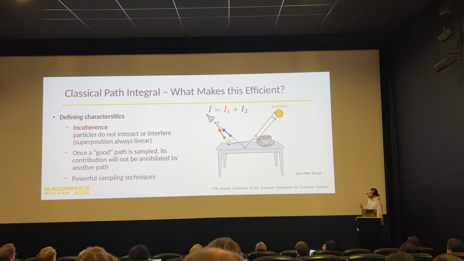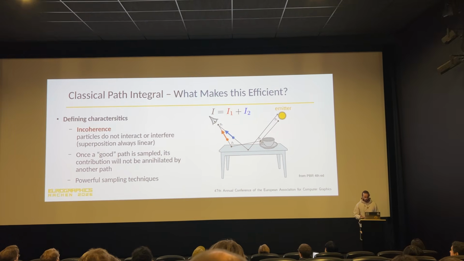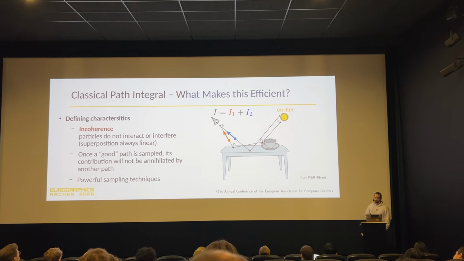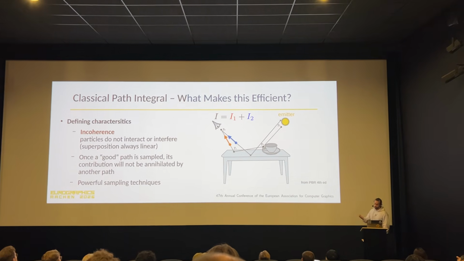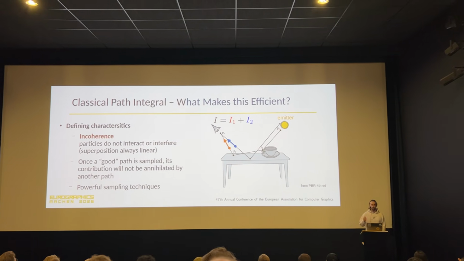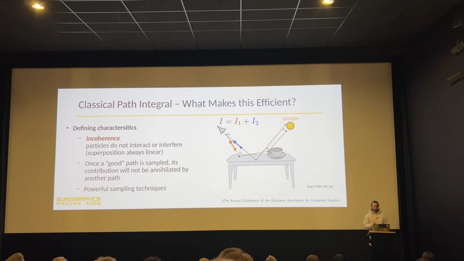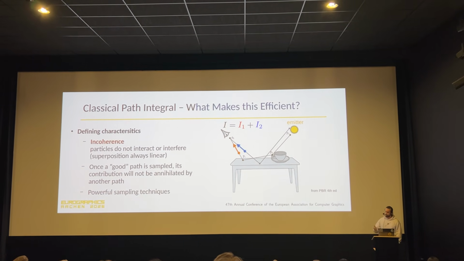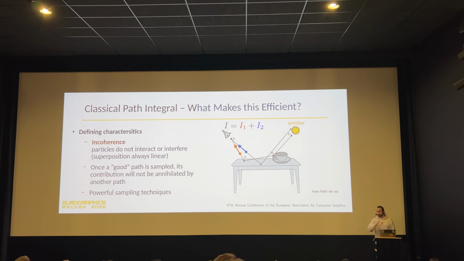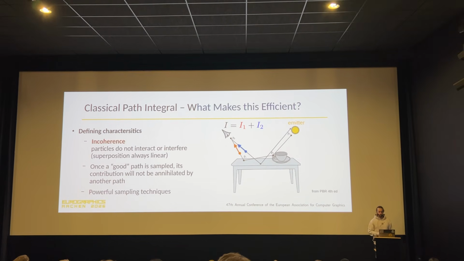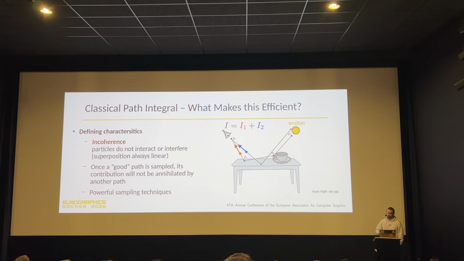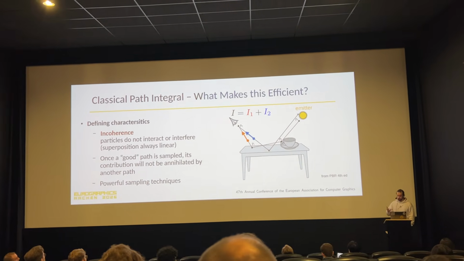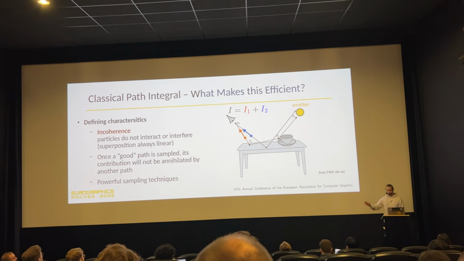Second characteristic is incoherence. In this formulation, particles sum up linearly, meaning incoherently. Distinct particles do not interact with each other and cannot annihilate one another. This means that once a good path is sampled, its contribution will always remain part of the solution. It will not be taken away, it will always be there, and when constructing paths, incoherence allows us to construct one path at a time and forget about all other samples.